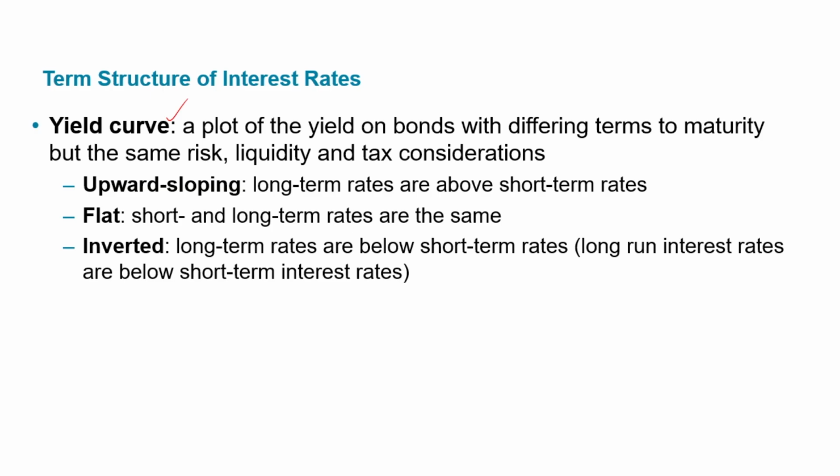Based on the slope of the yield curve, we get three types. One is the upward sloping yield curve, where long-term rates are above short-term rates. The other is flat, where short and long-term rates are the same. And the third is the inverted yield curve, where long-term rates are below short-term rates.